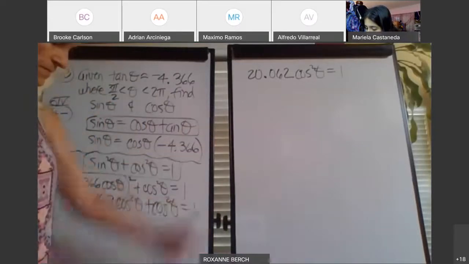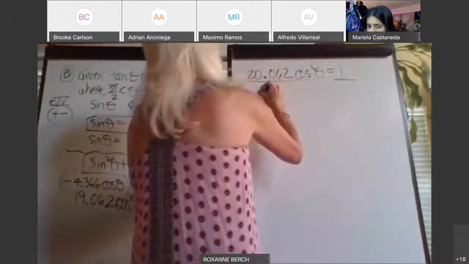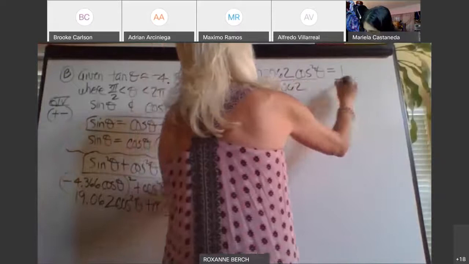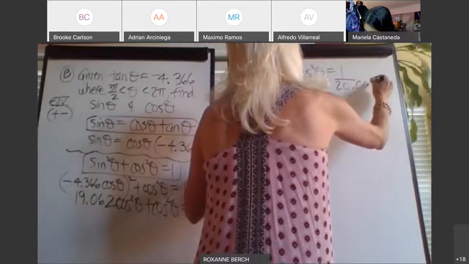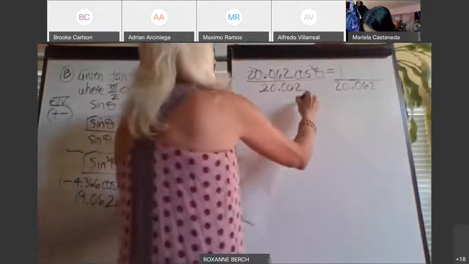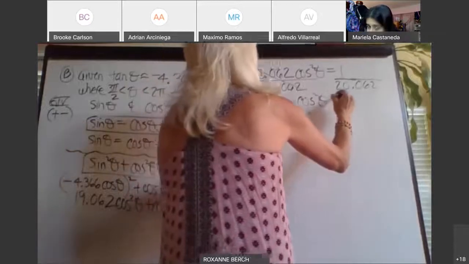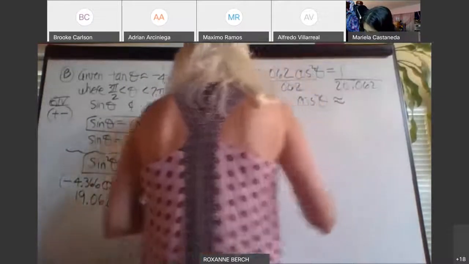So now, square root method. Divide both sides by 20.062 and cancel, isolating the square. These are all approximations, by the way.